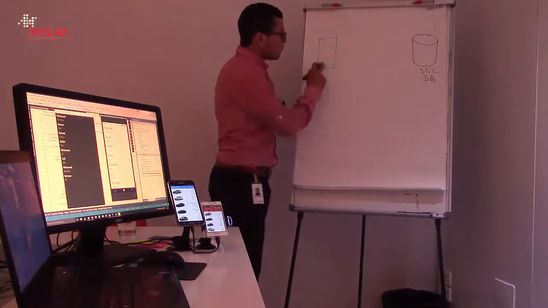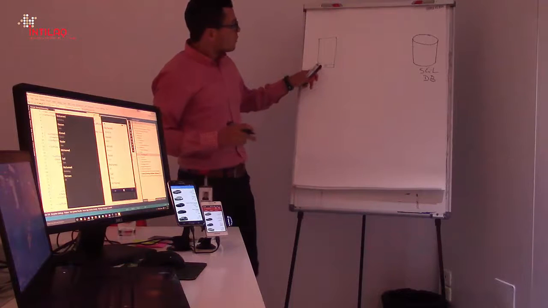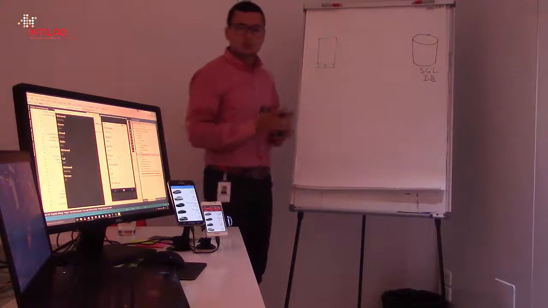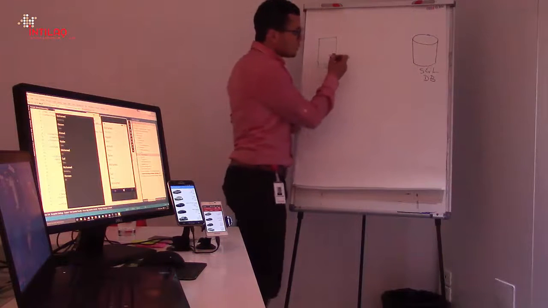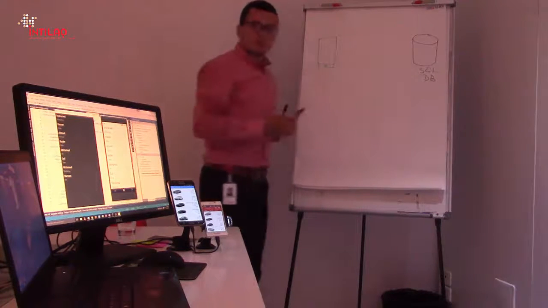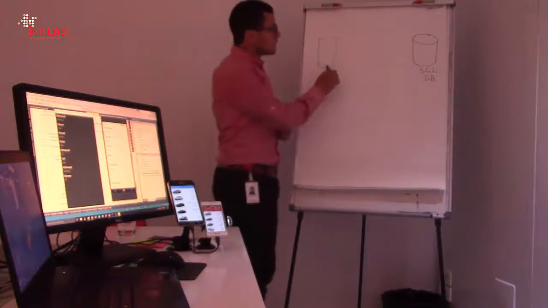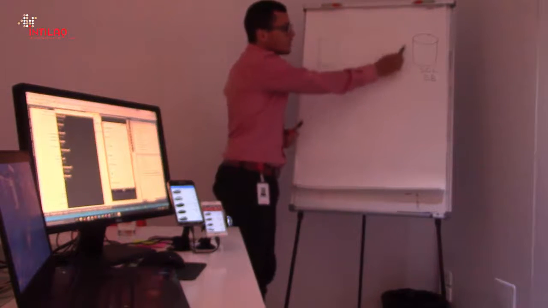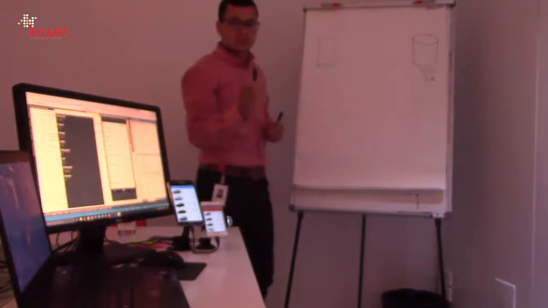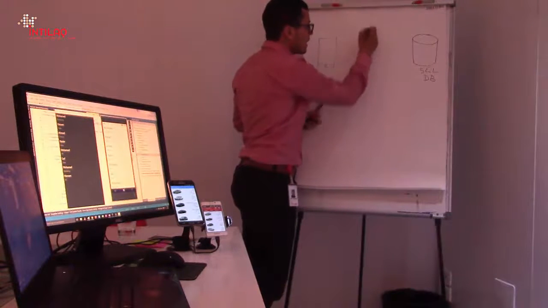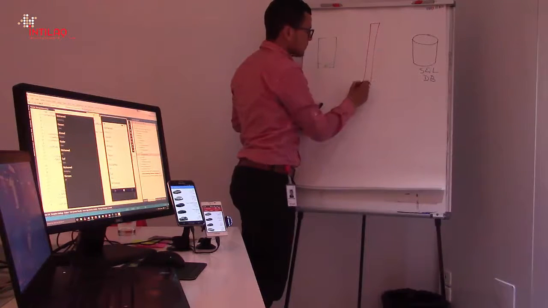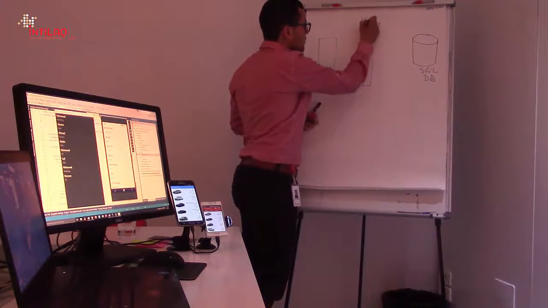So here, for example, for the mobile application to retrieve the list of employees, it will try to connect to the SQL database. But the request here doesn't go from the device to the database directly, but it passes through the web services. It's an intermediate. This guy here is the web services.